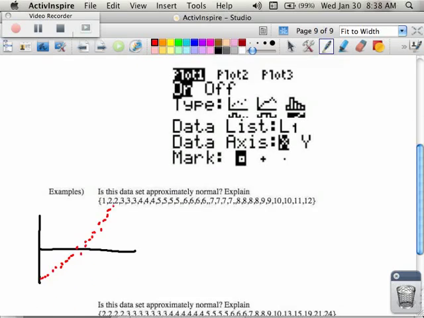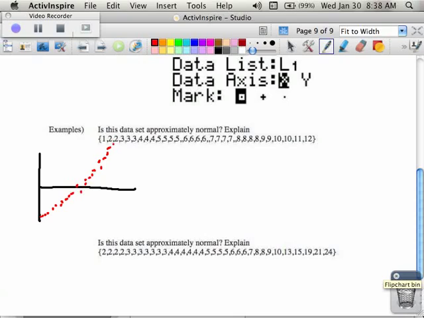So the question is, is this approximately normal? I would say yes. It seems like our data forms a line, and there seems to be the same number of data points above the x-axis as below. So yes, the data forms a line.